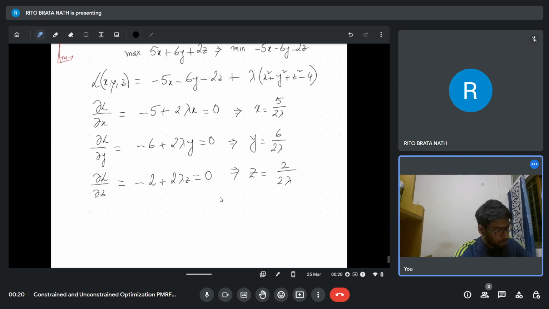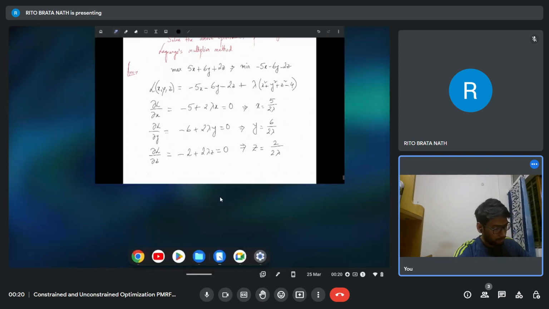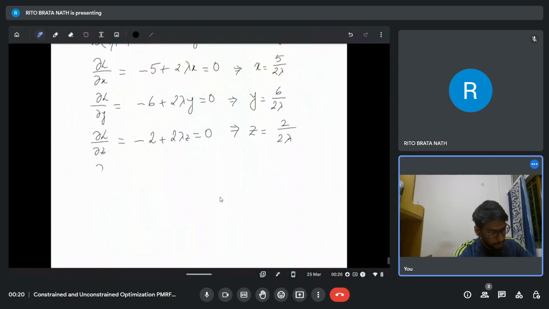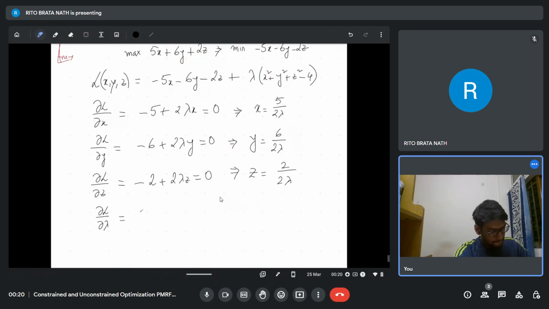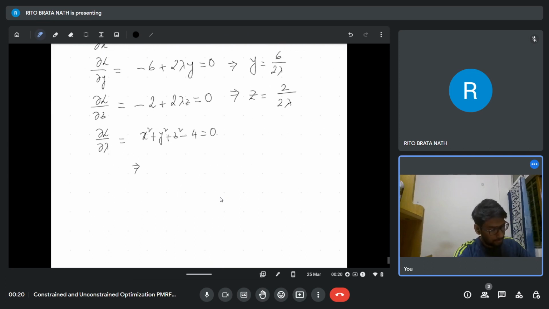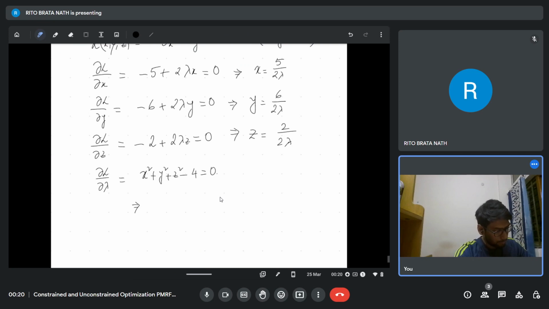And also you have, sorry, del L by del lambda. So that's x squared plus y squared plus z squared minus 4 equals 0. So you can plug those values here, and you can get the lambda values. So this is 5 squared, so that's 25 by 4 lambda squared plus 36 by 4 lambda squared plus 4 by 4 lambda squared equals 4.